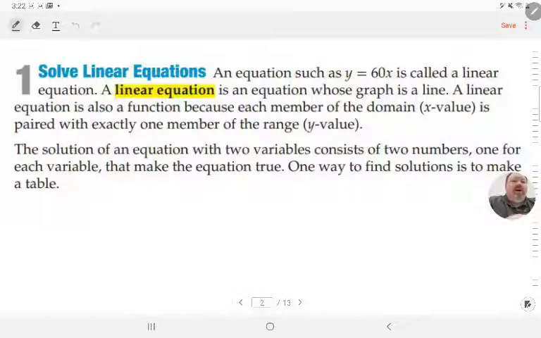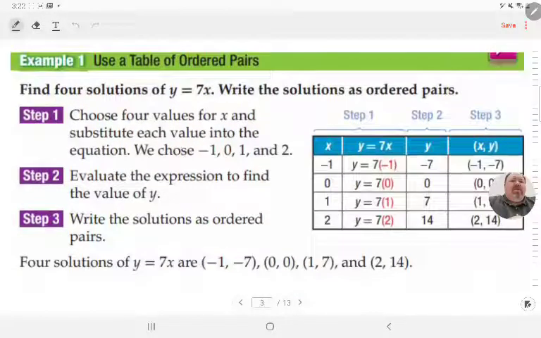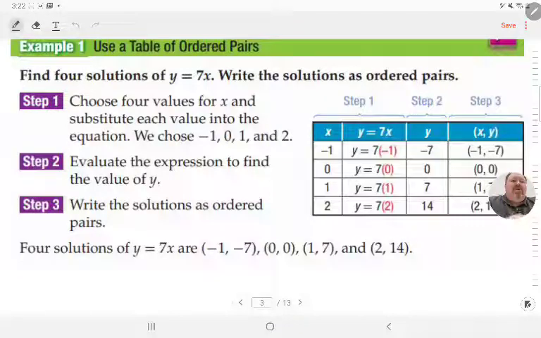Okay? Remember that coordinate pairs would be x, y with parentheses around them. Okay? So we are to find four solutions of y equals 7x. And we are to write solutions as ordered pairs. So they give us our x's. We put another table with an actual equation, and then we plug our x's in for x, and then we solve for y.